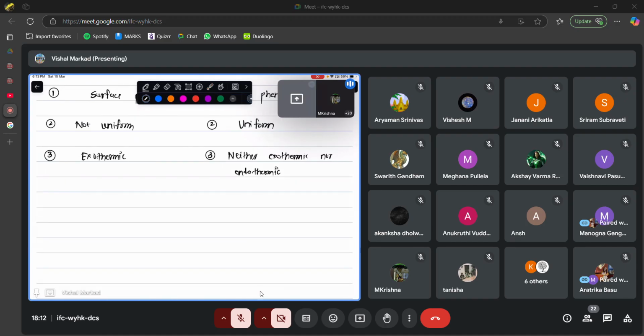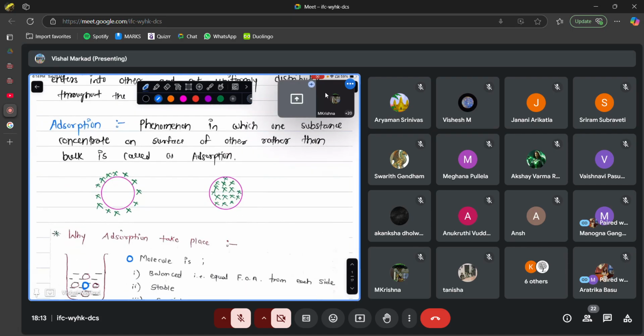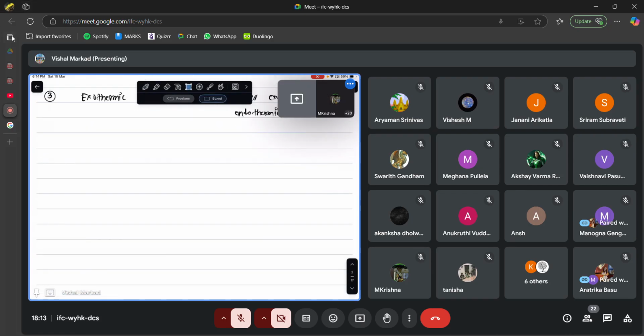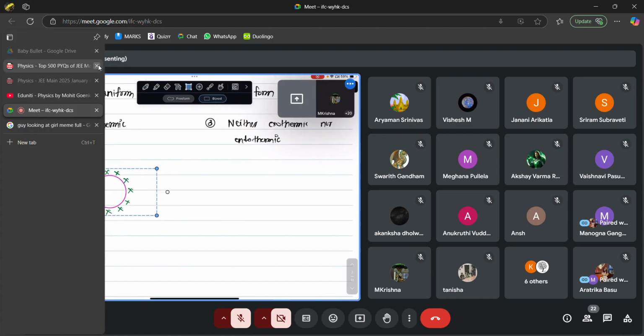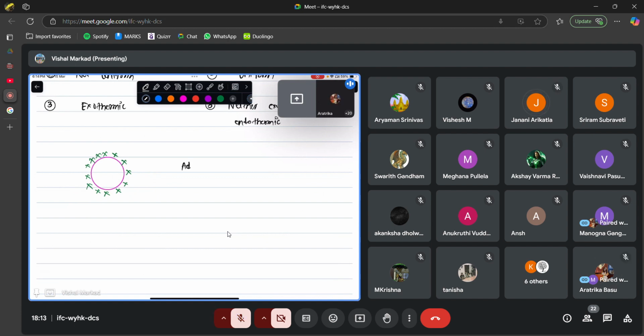Okay, now there is one more process. Let's suppose, same thing I am taking here. This is which process? Adsorption. This is adsorption.